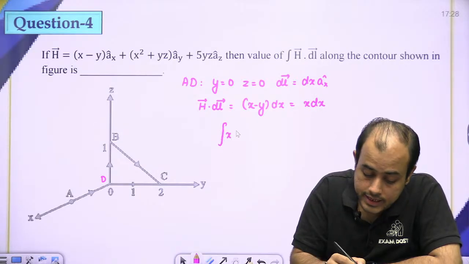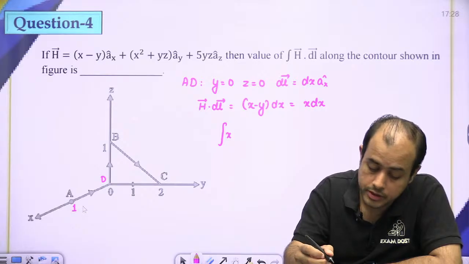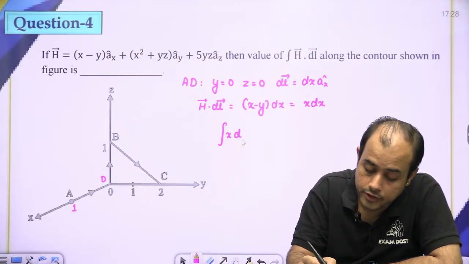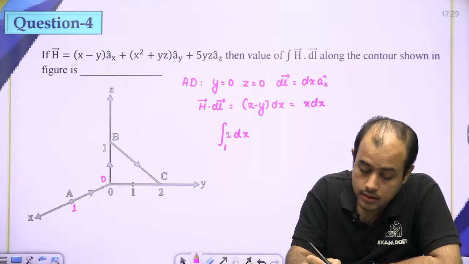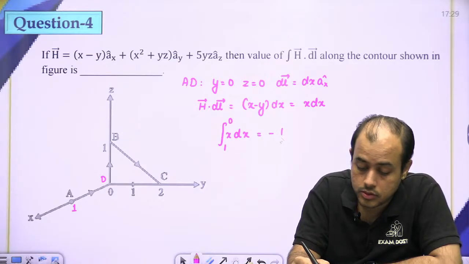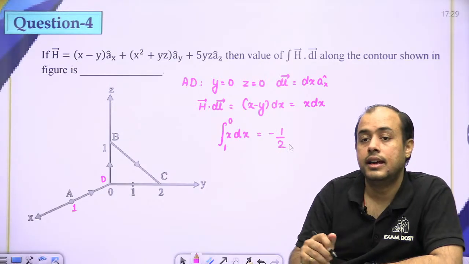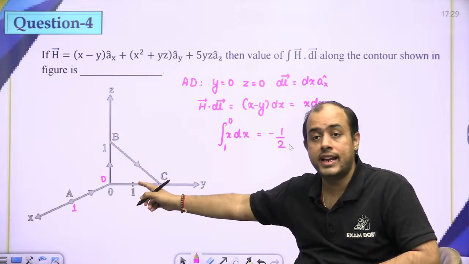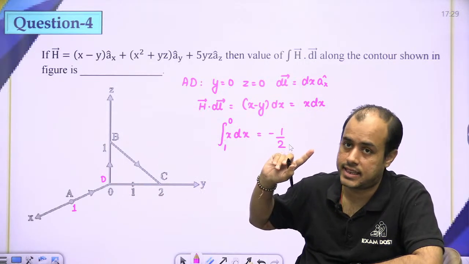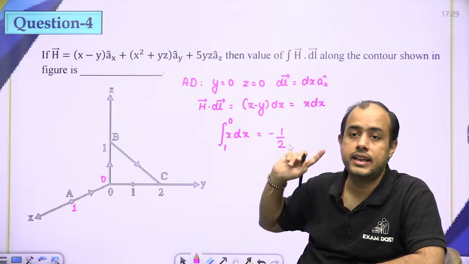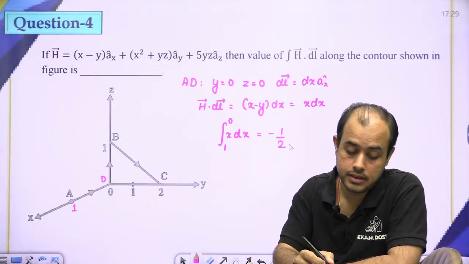And x is varying from 1 to 0, so it is minus half. And do not say, sir, we are moving inward, so I will take minus ax cap. No, that is taken care of in the limits.